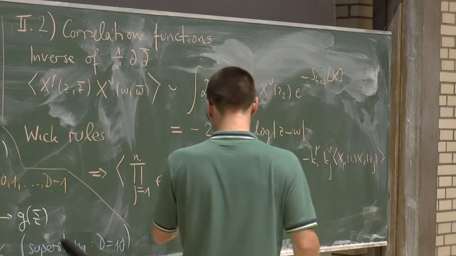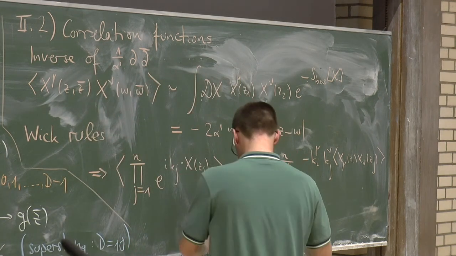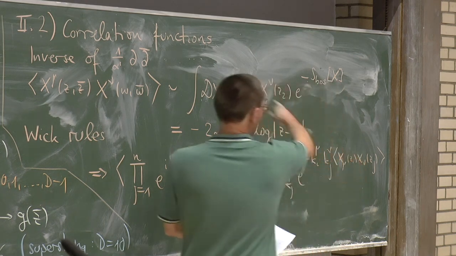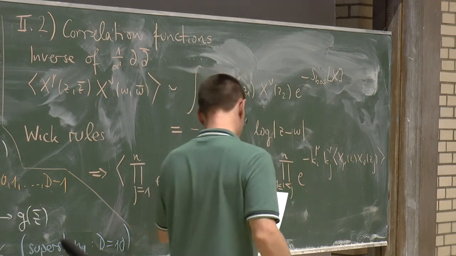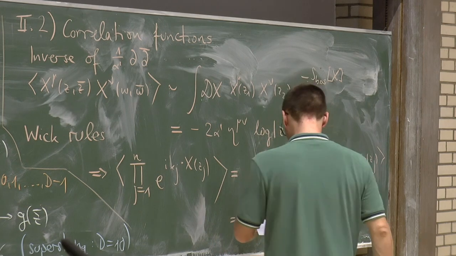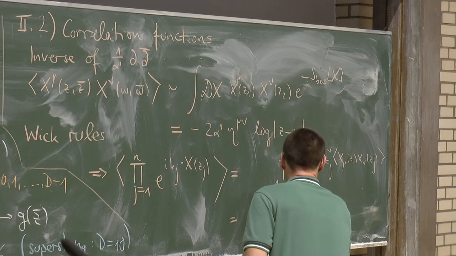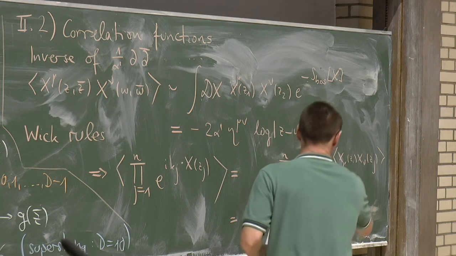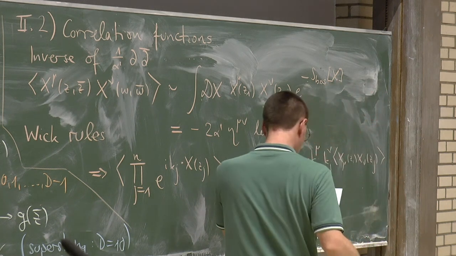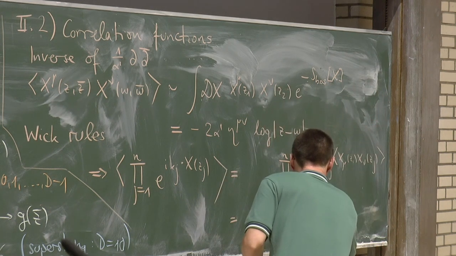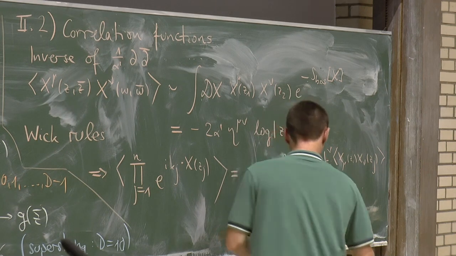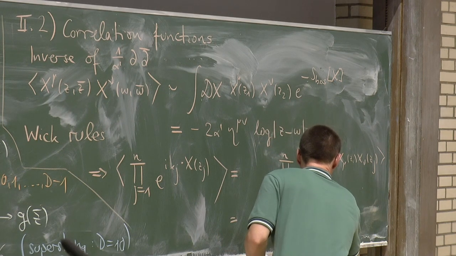But okay, here we can just insert a two-point correlation function. You can insert the logarithm in the exponent. Well, that's good news. Whenever exponentials and logarithms meet, they are just inverse functions of each other. So that guy becomes particularly simple.